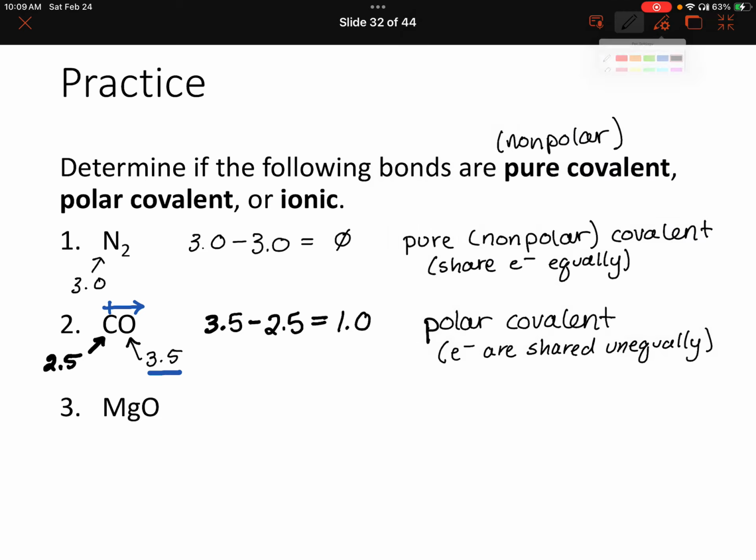All right, let's look at the last one. So magnesium has a value of 1.2, and oxygen has a value of 3.5. So let's take the difference. So our difference would be 2.3. So how do we categorize that bond?